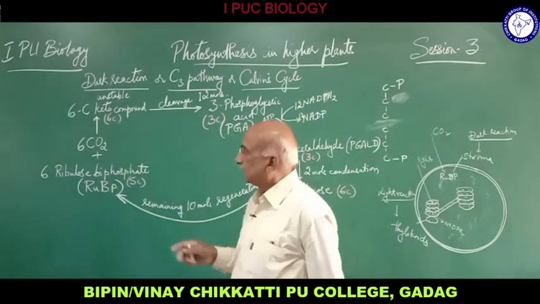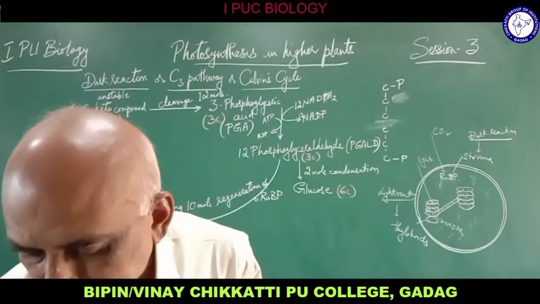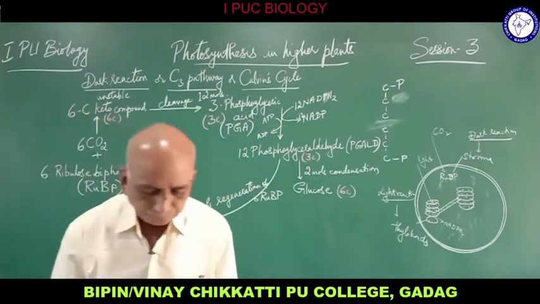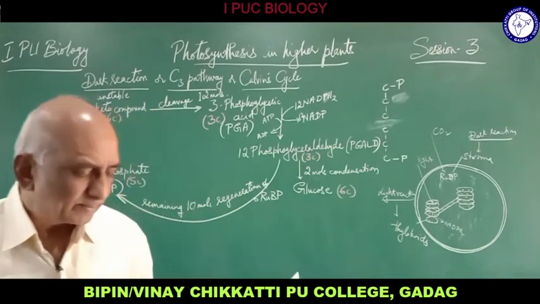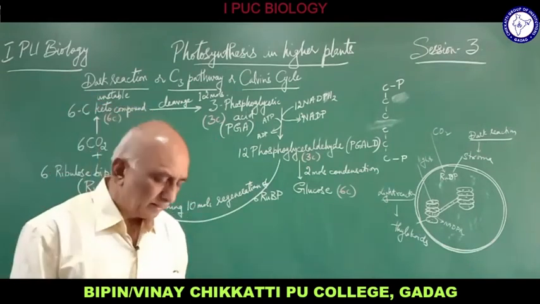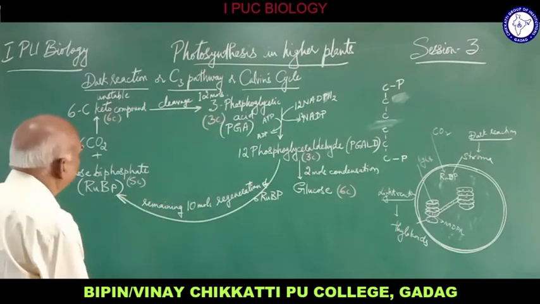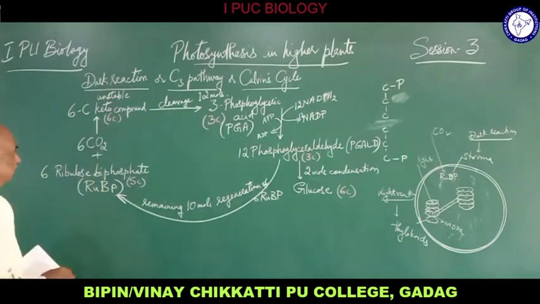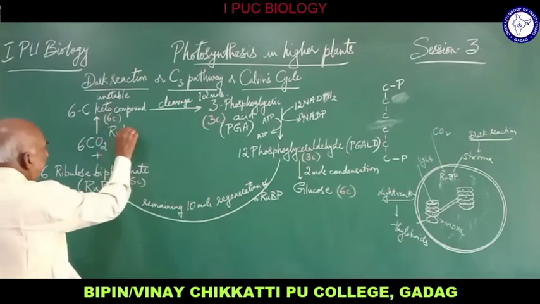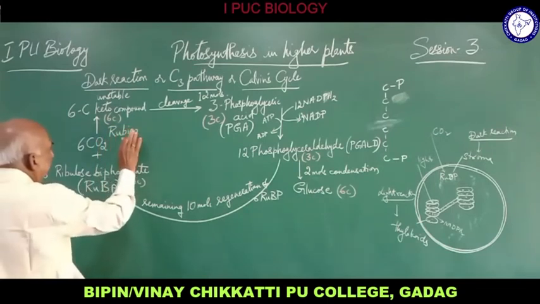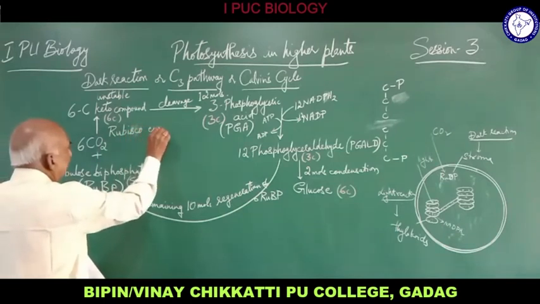in the other reaction. And one more important thing: in the formation of this 6 carbon compound, there is an enzyme that takes part. That enzyme is usually referred to as Rubisco enzyme.